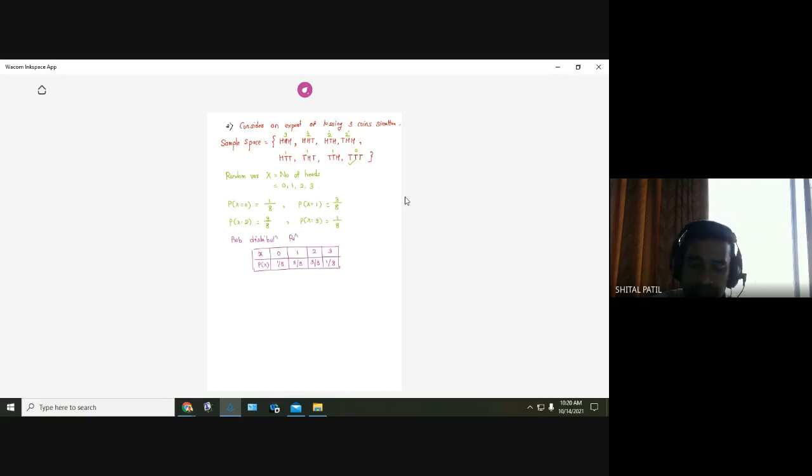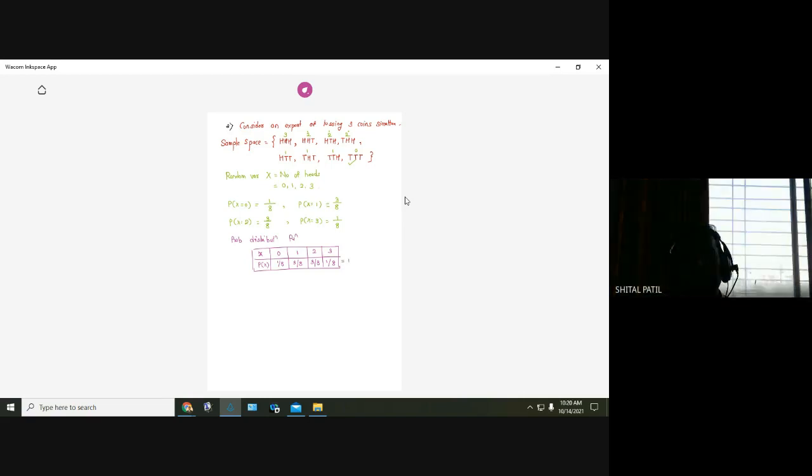You might have observed that if we add all these numbers, the addition is 1. The maximum probability is 1, so the addition will be 1. Clear? Understood? Hope this is clear to you.